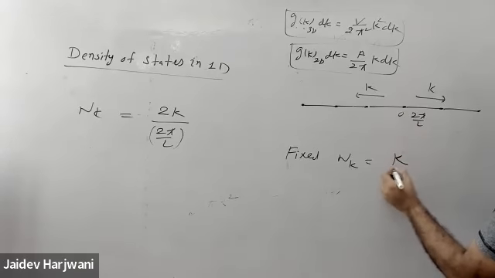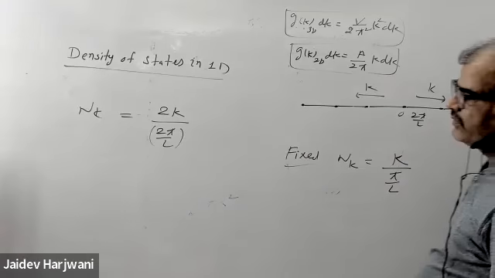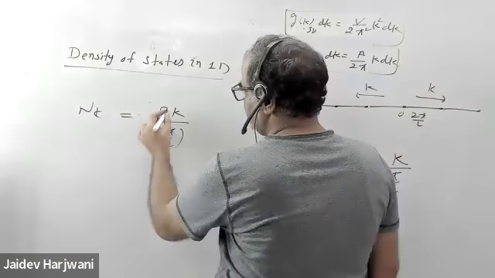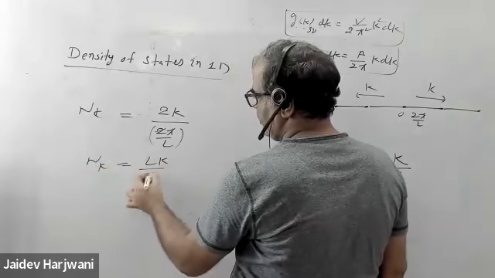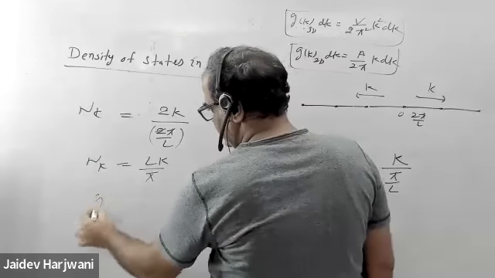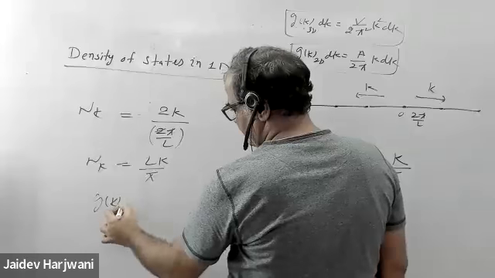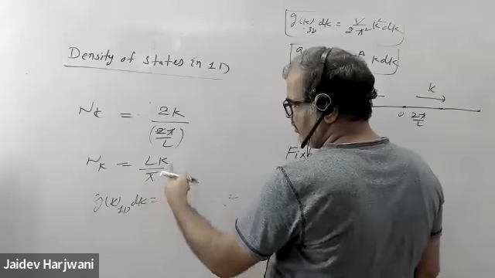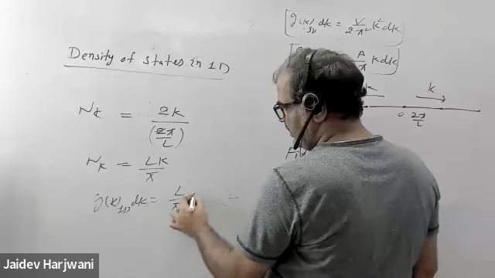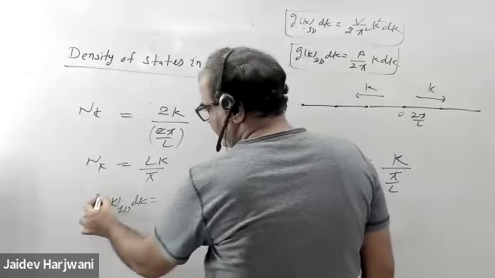So k is the range, and the spacing will be pi by L for fixed. So N_k equals L k upon pi, and g_k in 1D dk is the differentiation of this, L upon pi dk, the same thing we did initially.